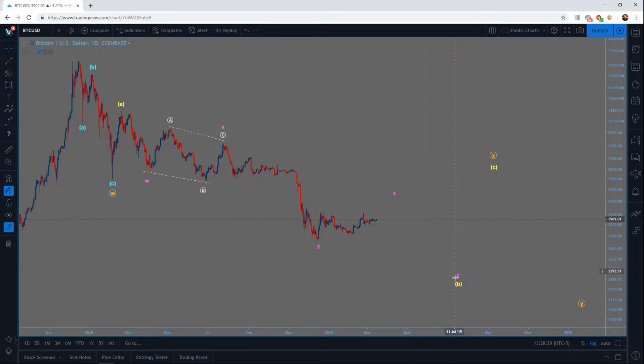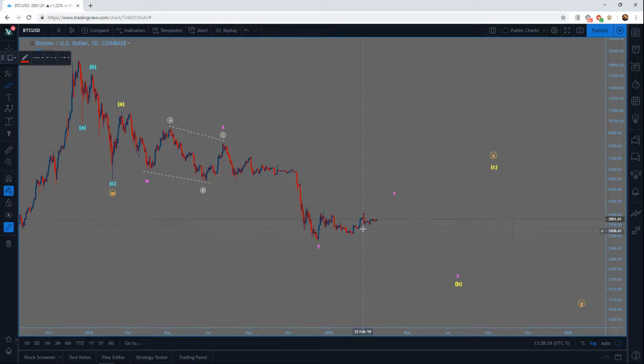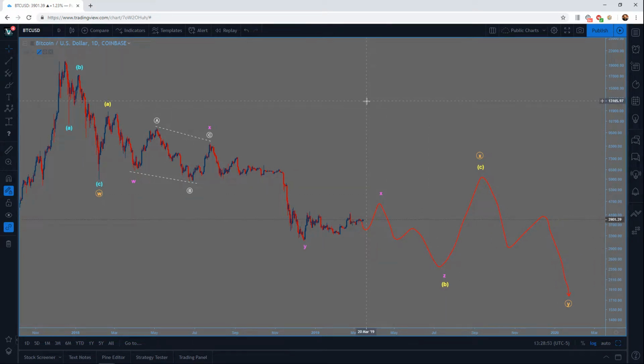For me, that makes two more lows. It makes a low here, followed by a massive move up. Let's pencil it in real quick. Something just like this.